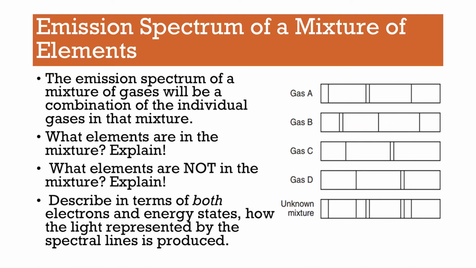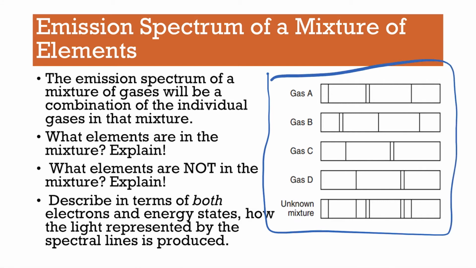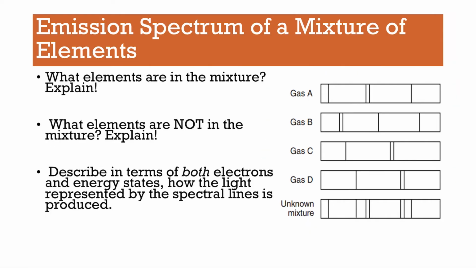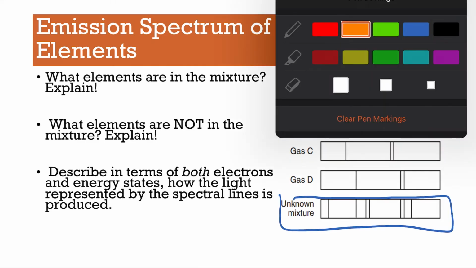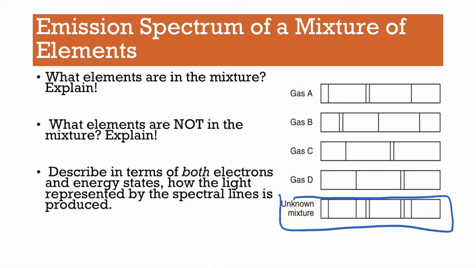So a lot of the time, you'll get a picture like this, and you'll get a handful of questions. So let's dive deep into how to answer these questions. The first question is, what elements are in the mixture? Looking at this, which of these elements, there could be multiple, are in the mixture? Every line in the mixture has to come from somewhere.